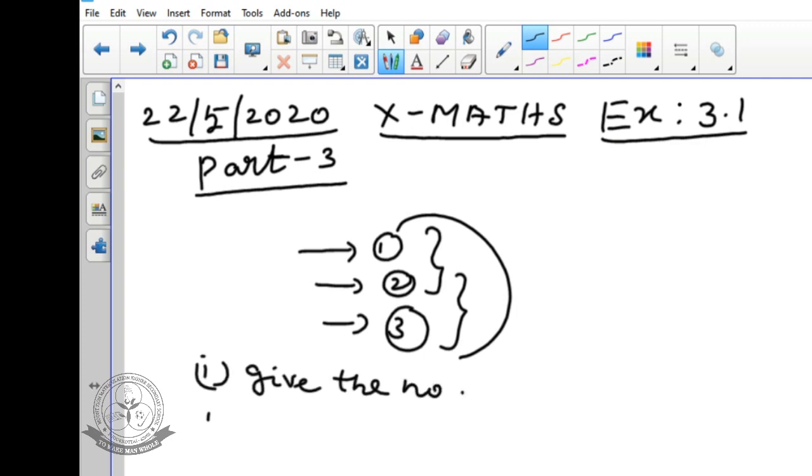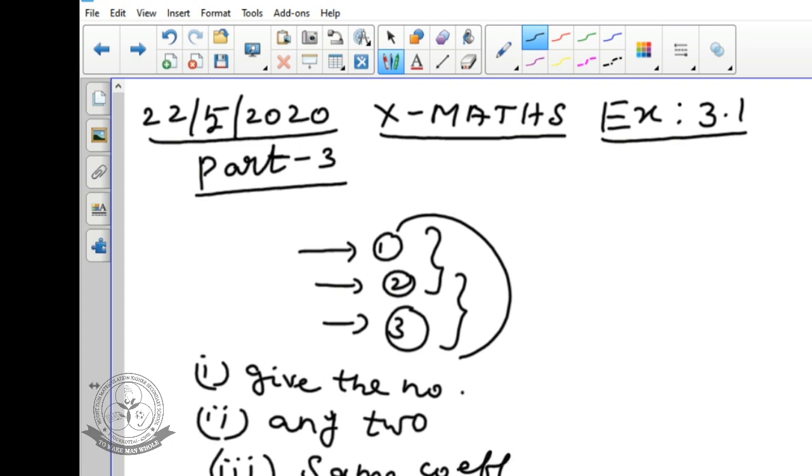Second, you have to select any two equations. Third, you have to see whether the same coefficient is given or not. Suppose the same coefficient is not given, then we have to multiply by some constant numbers and change them into the same coefficient.